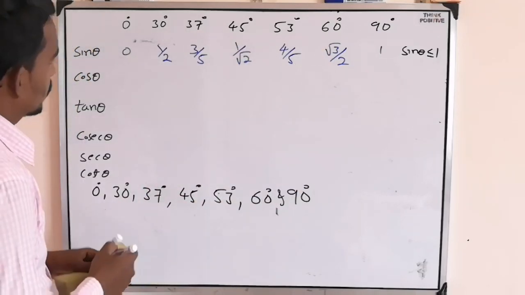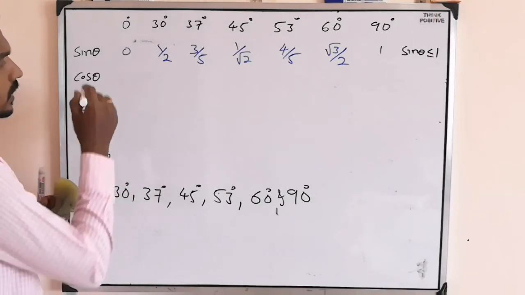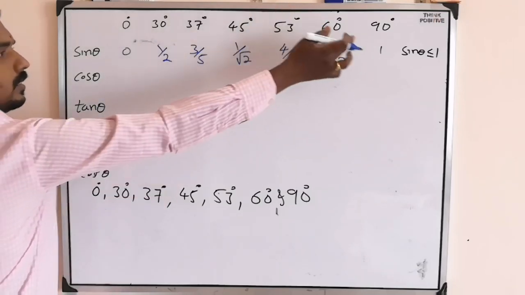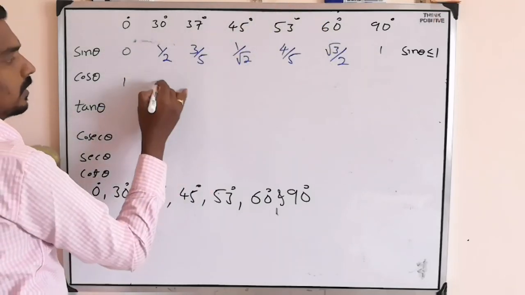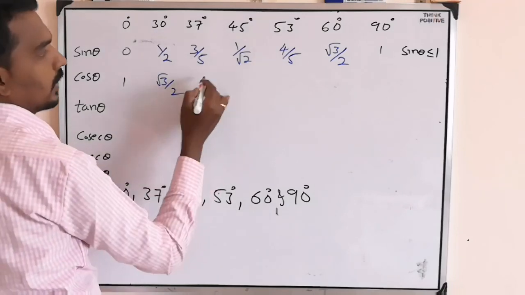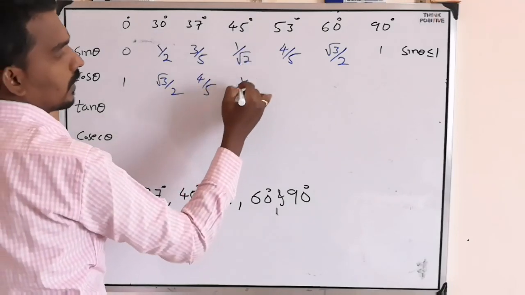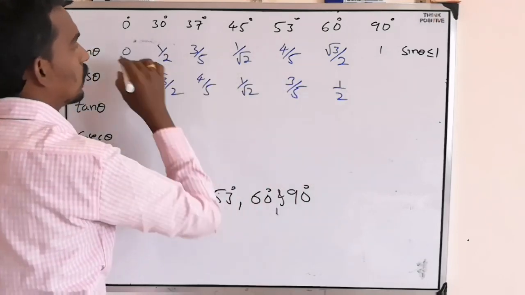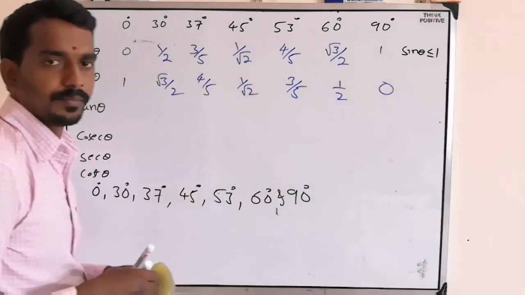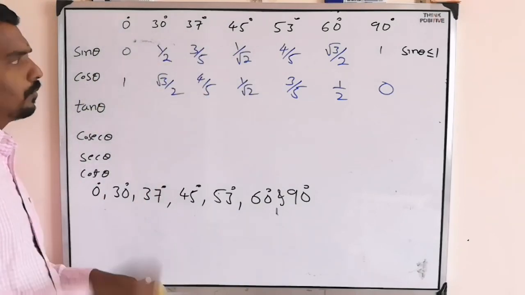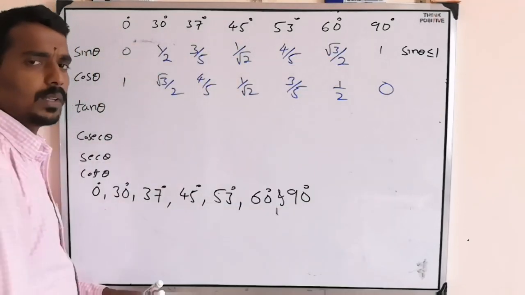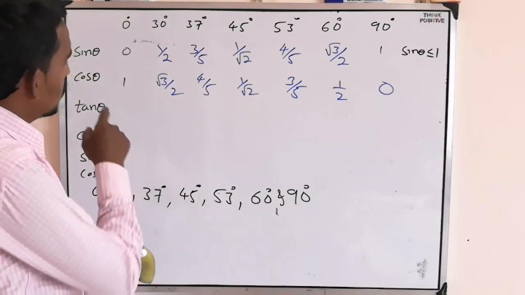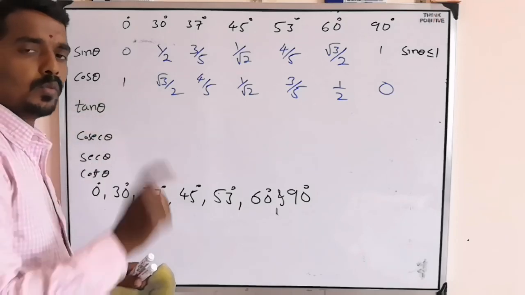Now for cos theta, if you write the values in reverse: 1, then root 3 by 2, then 4 by 5, then 1 by root 2, then 3 by 5, then 1 by 2, then 0. If you know sine values, then cos values will come automatically. But here also the cos theta maximum value is 1.